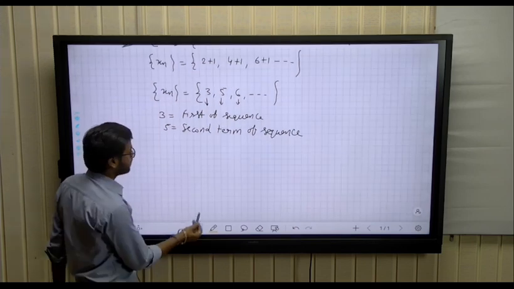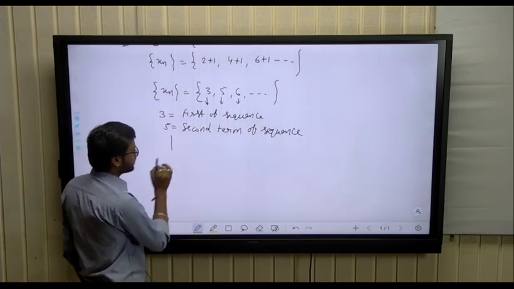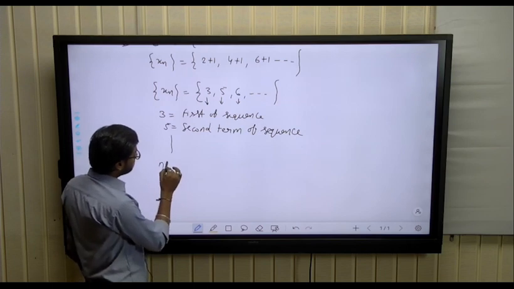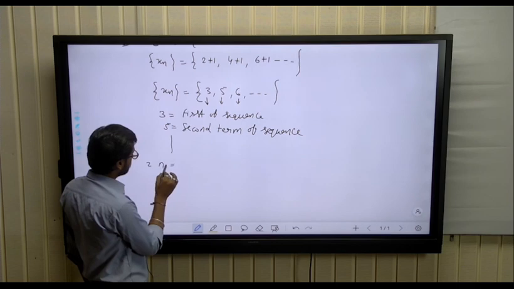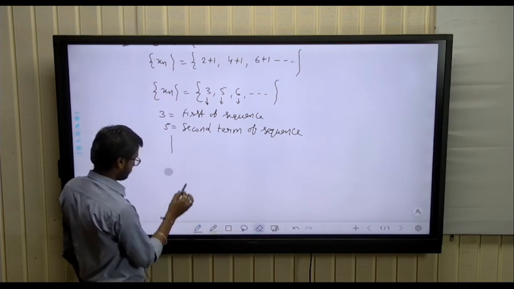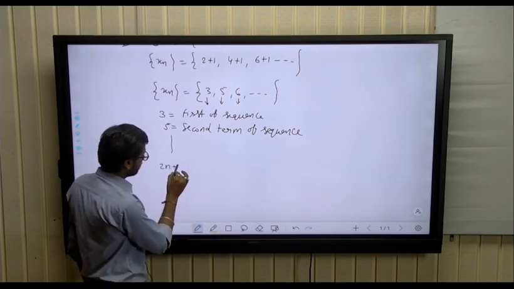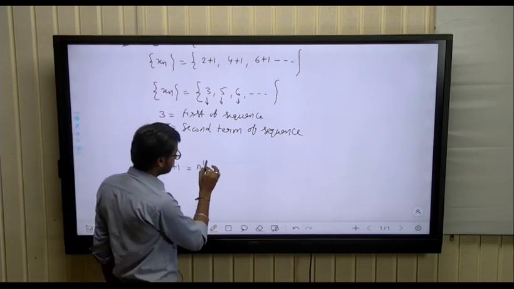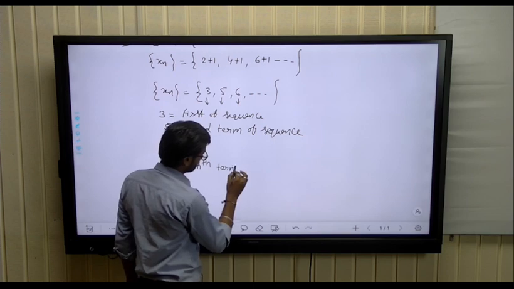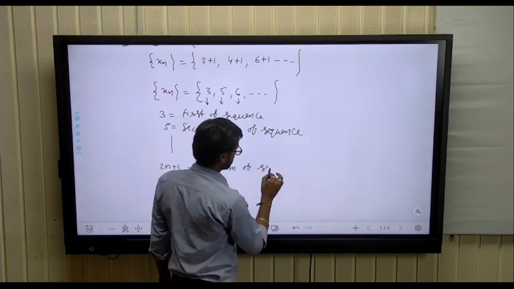If we go further, we see that the nth term is xn equals 2n plus 1. If we take n as a general number, then this is the nth term of a sequence.